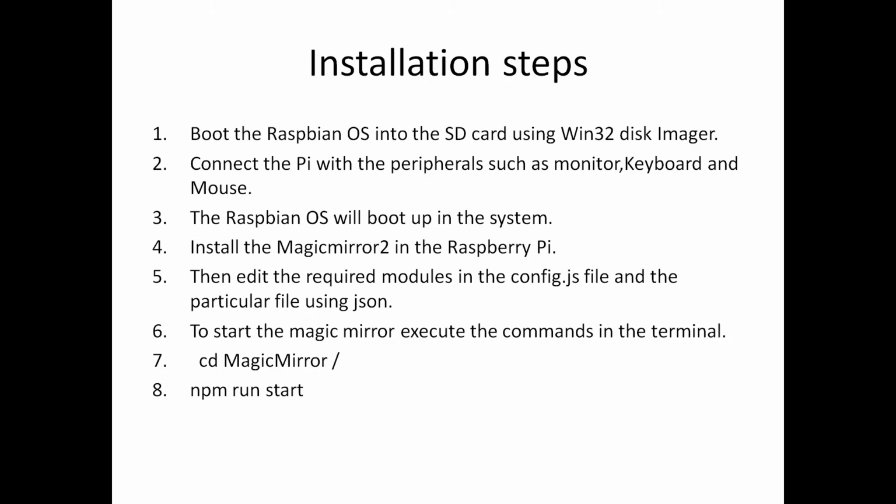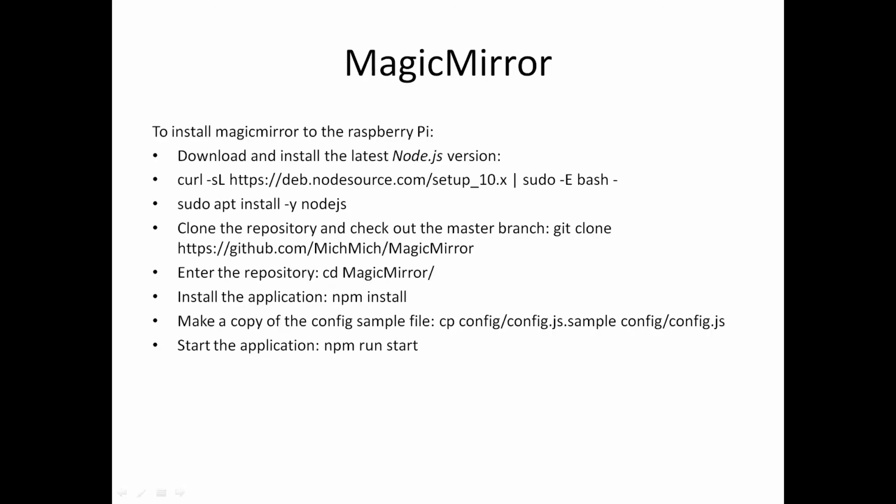To execute Magic Mirror, open the Raspberry Pi terminal, type cd MagicMirror to navigate to the Magic Mirror folder, and then type npm run start. Once you type these commands, it automatically opens the Magic Mirror window.